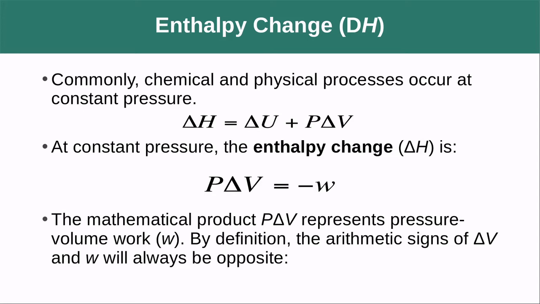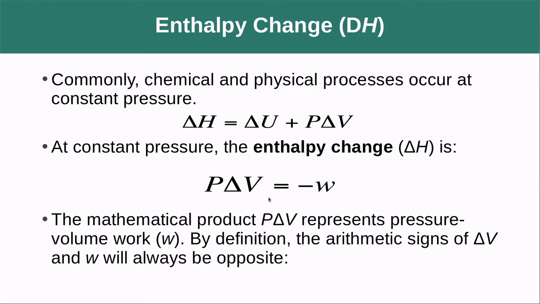And it's always going to be true that the arithmetic signs of delta V and W will be opposite. So if you have a positive delta V, you're going to have a negative W. If you have a positive W, you're going to have a negative delta V.